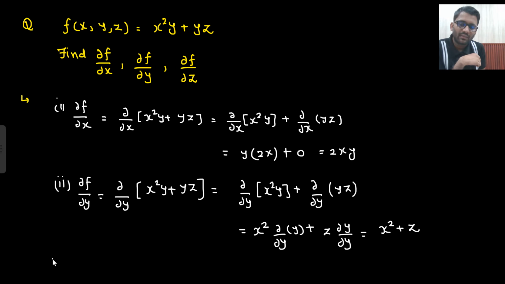The last one, del f by del z. So del by del z of x square y plus yz.